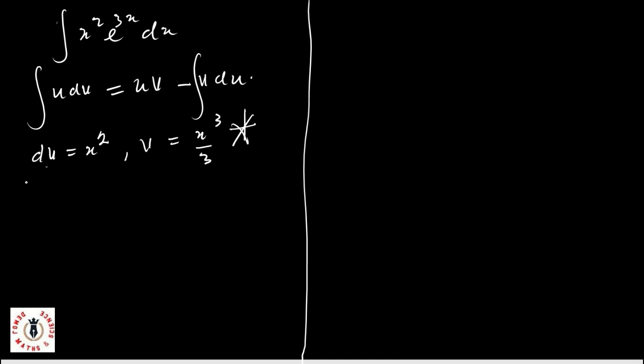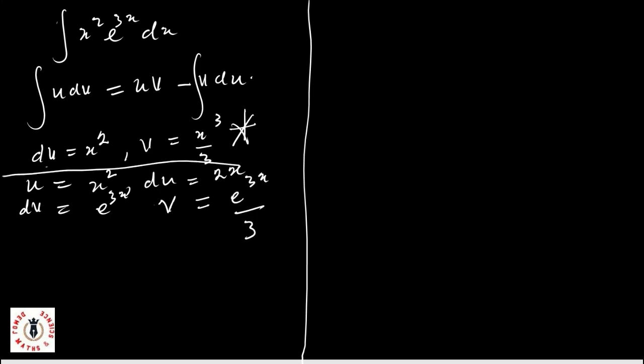Now it's getting more clumsy, so I will not go through this route. I'll rather say my u now is equal to x raised to power 2, so that my du will be the same thing as 2x. It's becoming simpler. And my dv is the same thing as e raised to power 3x, so that my v, if you integrate a function of a function, is the same thing as e raised to power 3x over 3.